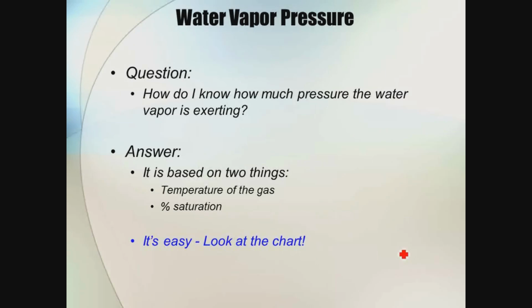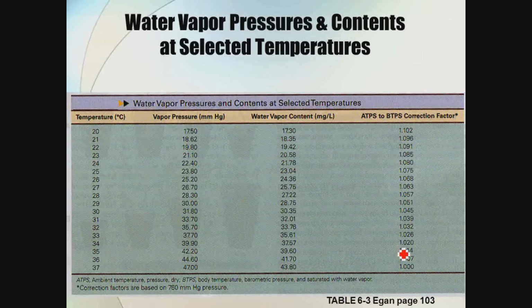So the water vapor that is present is dependent upon a couple different factors. One is the temperature of the gas, and one is the relative humidity, the percentage saturation of that gas. Now, there are charts like this that you would be given. This is from Egan. And you'll notice that at a temperature of 37, this very last entry, there's my partial pressure, 47.